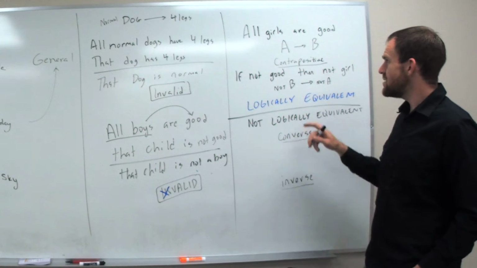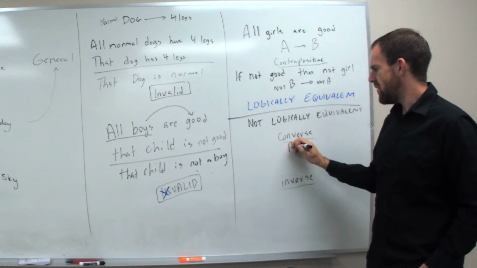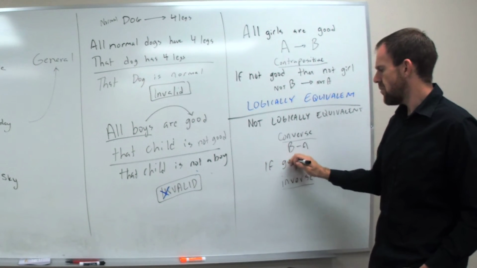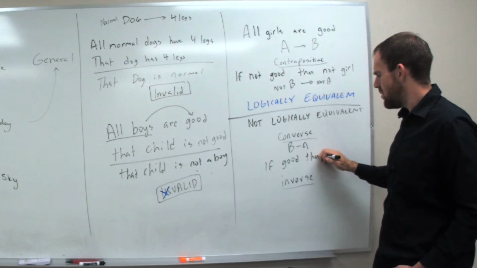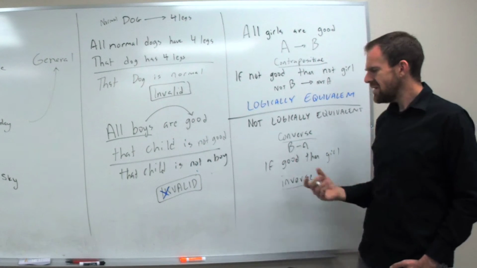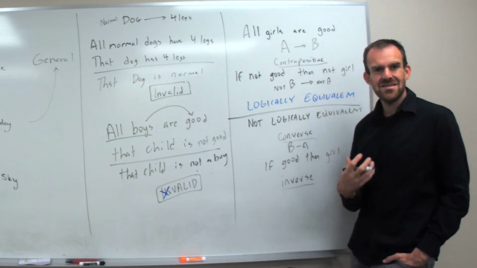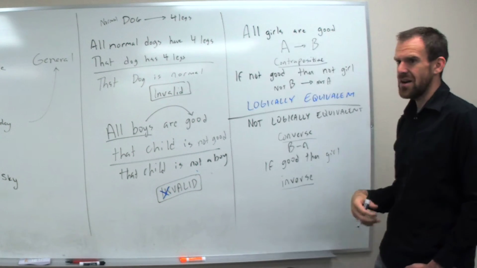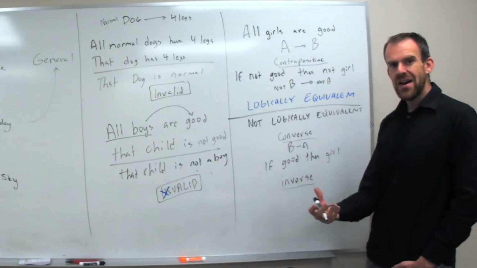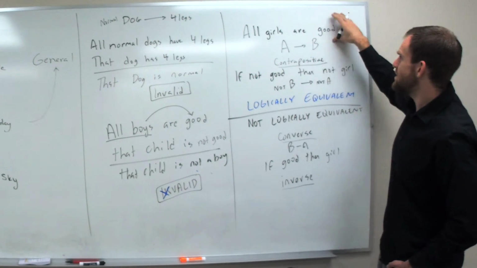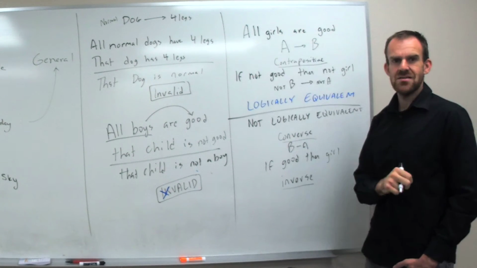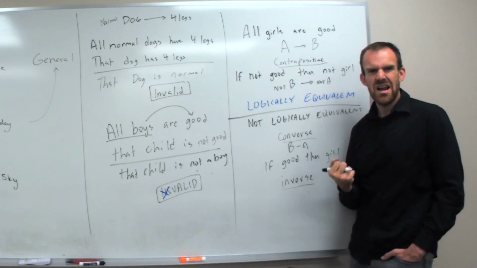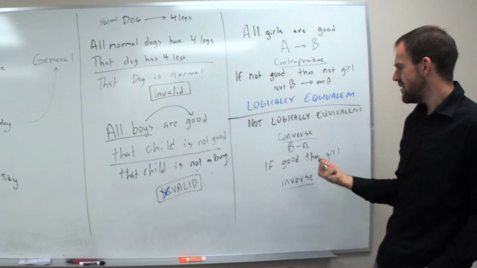So the converse says B implies A. Or if good, then girl. We already talked about how that's not necessarily a valid conclusion to draw from all girls are good. That doesn't mean that if I find a student who's good, that this statement guarantees that it's a girl. So we can write the converse of the statement, but it's not necessarily valid.